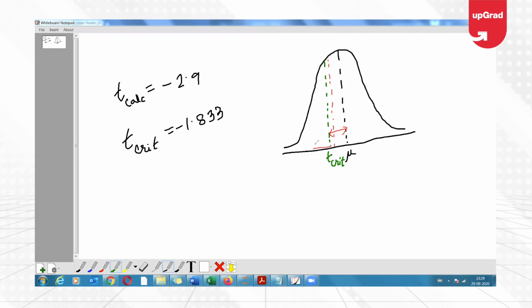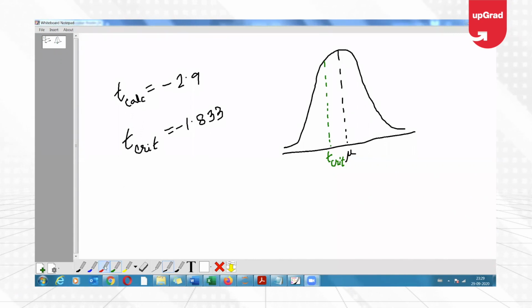If it goes on this side, then I can reject the null hypothesis. This is my cutoff. The moment it crosses this cutoff, you can reject the null hypothesis. So that is the significance of the critical value. It's a cutoff, it's a threshold.